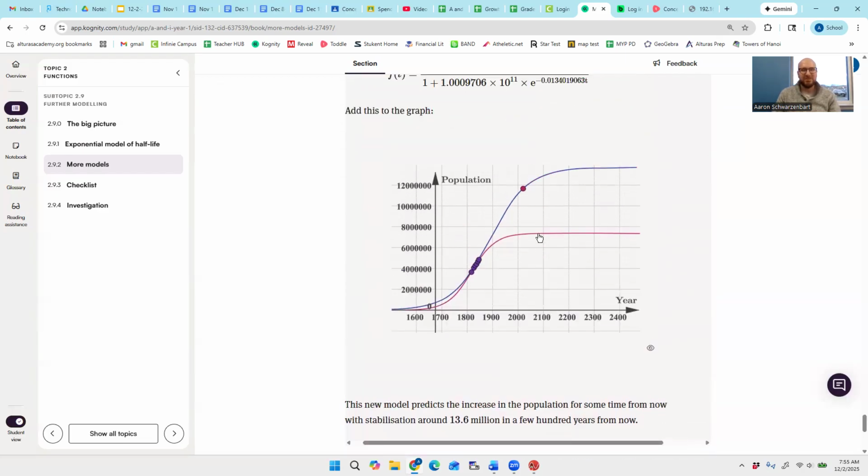Extrapolation is what it's called, predicting into the future, and that is a dangerous concept, often leads to very inaccurate things. Sometimes we have to extrapolate to predict into the near future or trying to predict the long-term future, but it's important to understand the limitations on the accuracy of extrapolation. Okay, that was section 2.9.